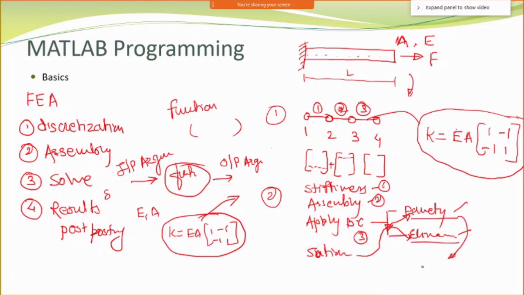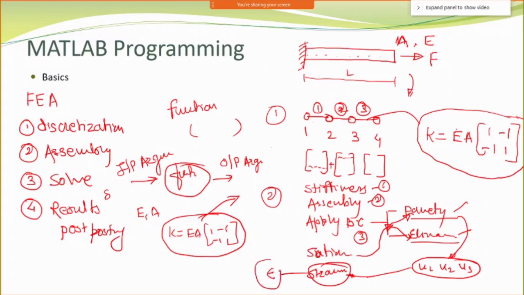Once it is solved, it gives me displacement values u1, u2, u3. From these displacement values I want to determine the strain, so I can have strain as one more function. It will determine the strain values for each element.